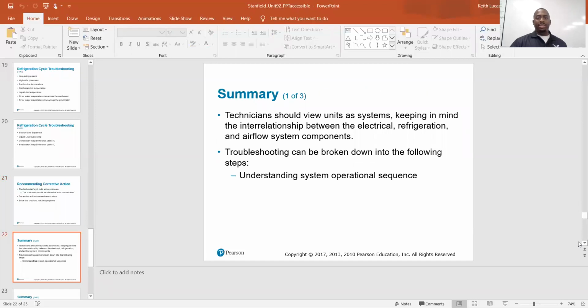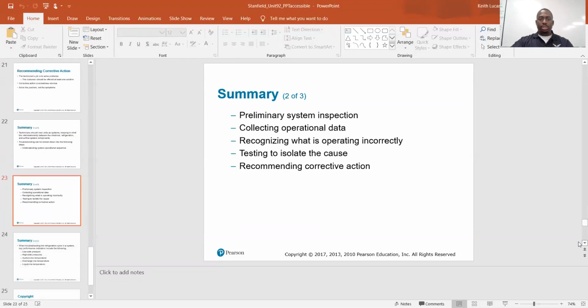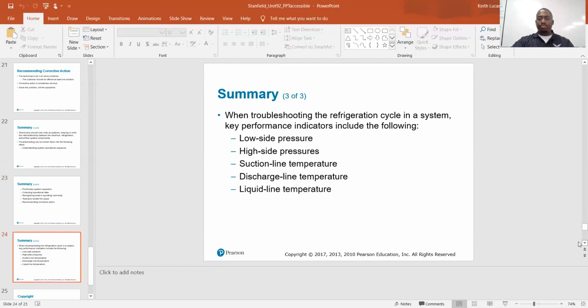So in summary, technicians should view units as systems, keeping in mind the interrelationship between the electrical, refrigeration, and airflow system components. Troubleshooting can be broken down into the following steps: understanding system operational sequence, preliminary system inspection, collecting operational data, recognizing what is operating incorrectly, testing to isolate the cause, recommending corrective action.